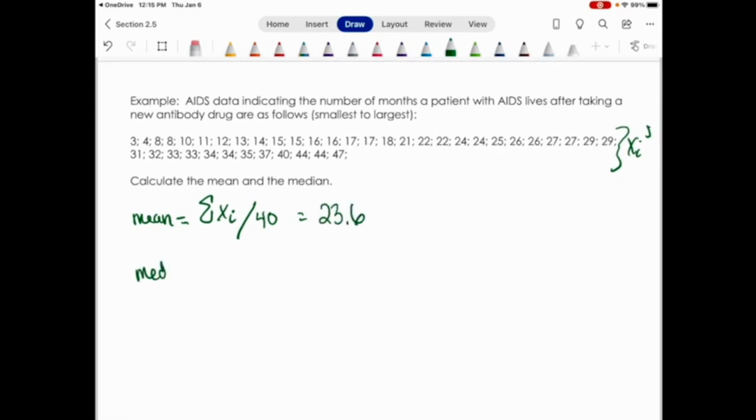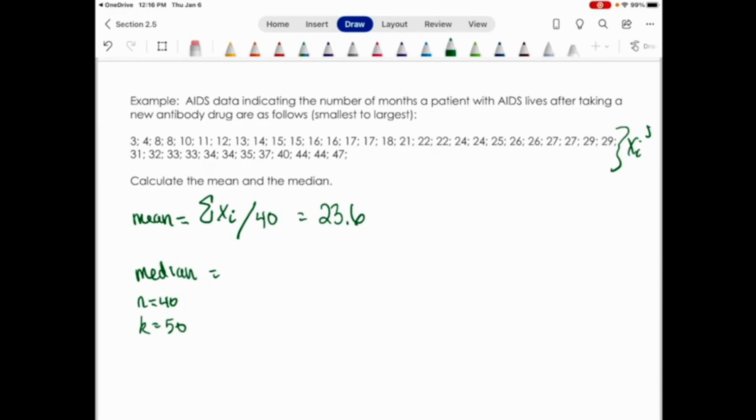All right, now for the median. Since we have 40 data values, our n is 40. Since we're looking for the median, that's our 50th percentile, so my k is going to be 50.